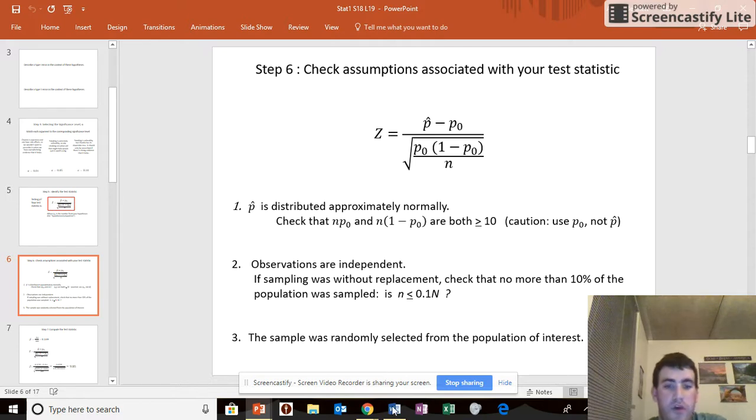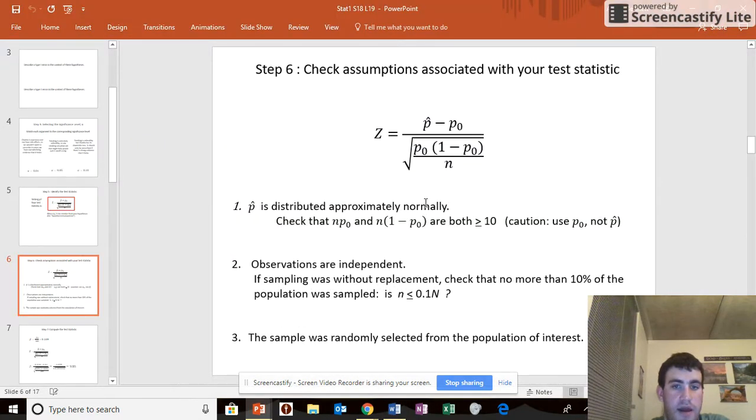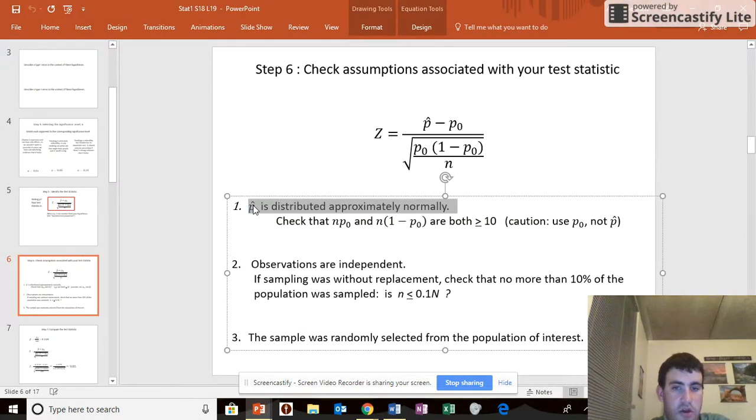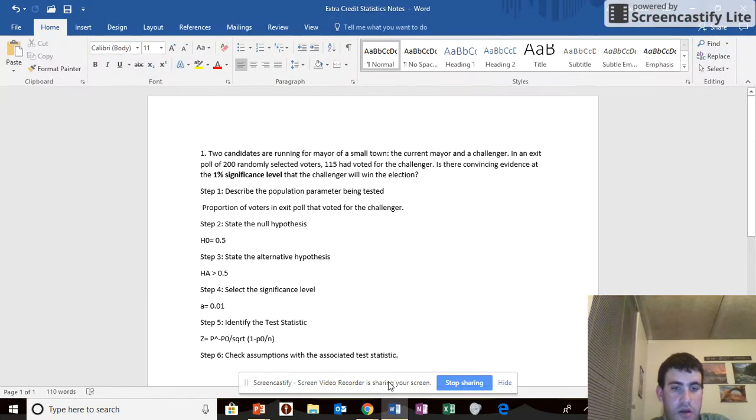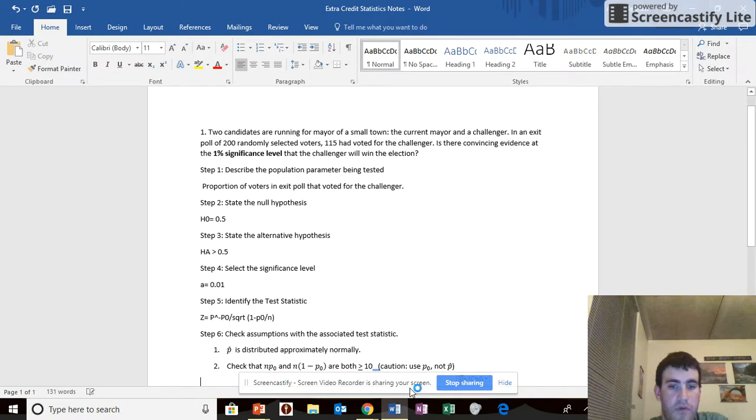You can see the 3 checks here. The first is that p hat is distributed approximately normally, and you have to check that np0 and n times 1 minus p0 are both greater than or equal to 10. It's really important that you use the hypothesized proportion and not p hat, or else it will throw your values off.